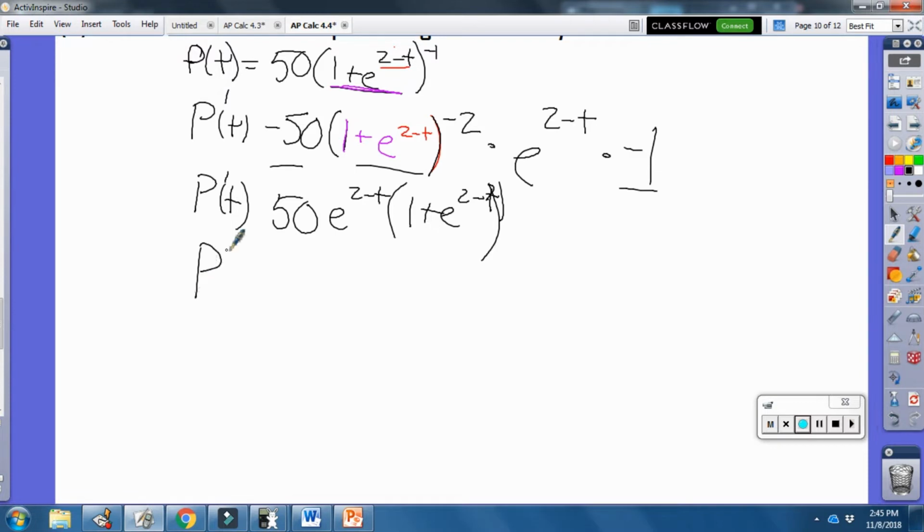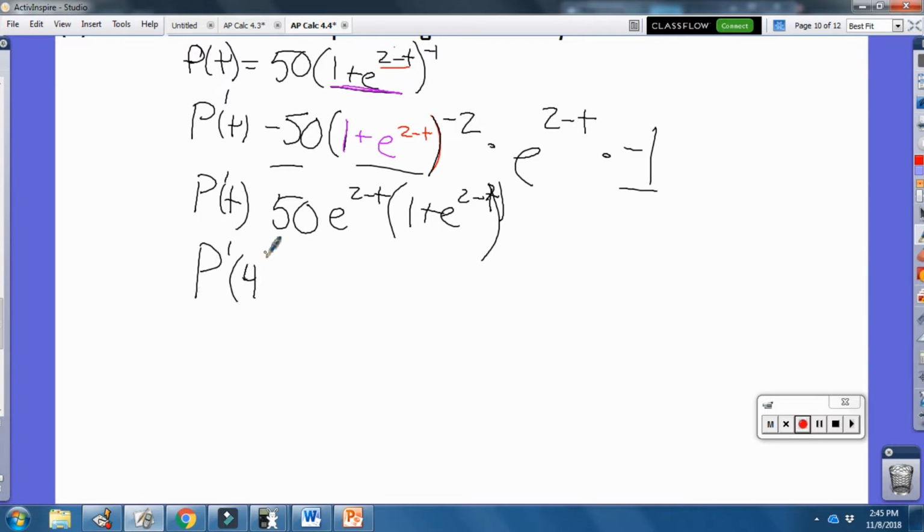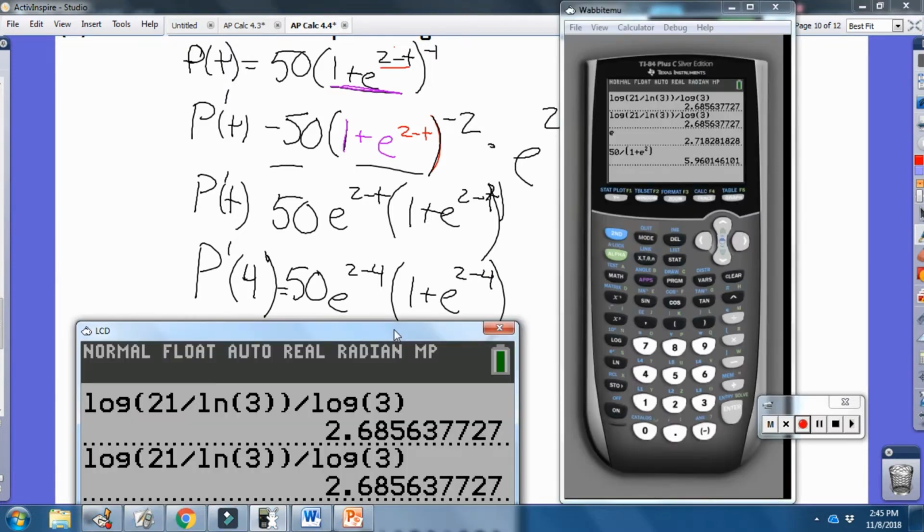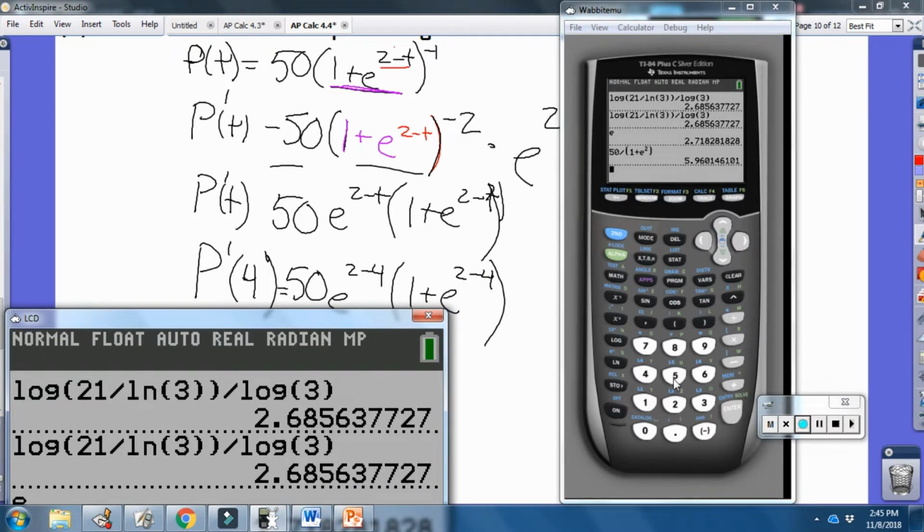P prime of 4, we're just going to substitute 50 e to the 2 minus 4, 1 plus e to the 2 minus 4. We'll plug that into the calculator. So we have 50 times e to the 2 minus 4, which is just going to be negative 2, times the quantity, 1 plus e, and again it's going to be negative 2.